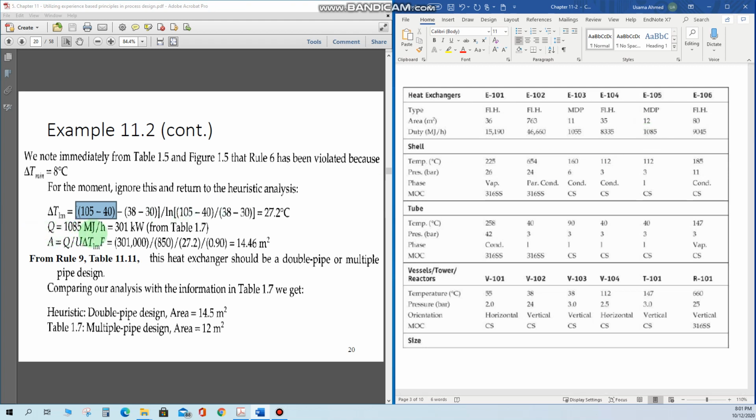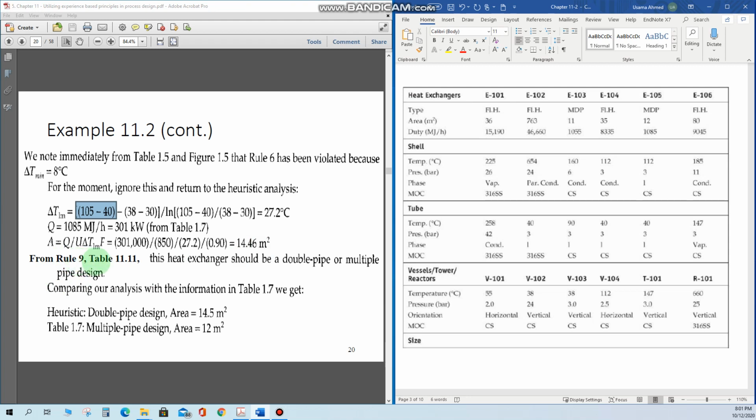So we can write this one, and then convert it into kilowatts. It is equal to 301 kilowatts. And for the area of the heat exchanger, you can simply use the heat equation: area is equal to Q divided by U times delta T LM, and then the correction factor. So you can solve this equation to get the value for the area.